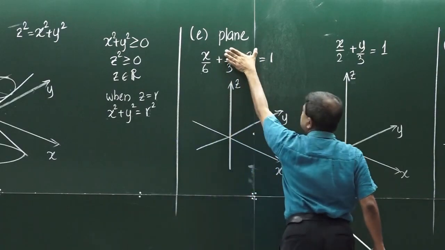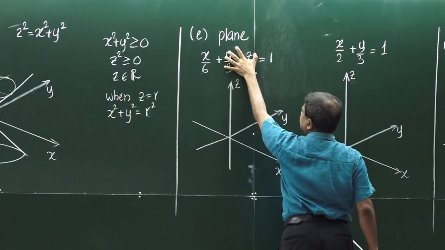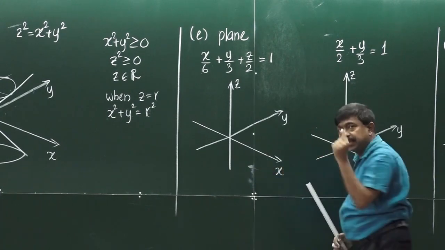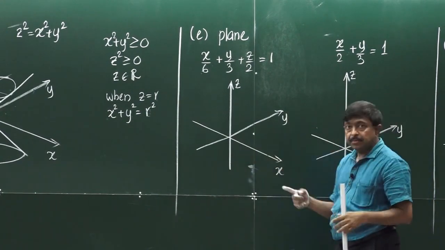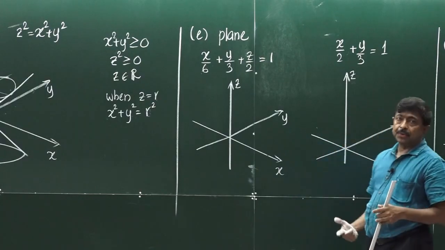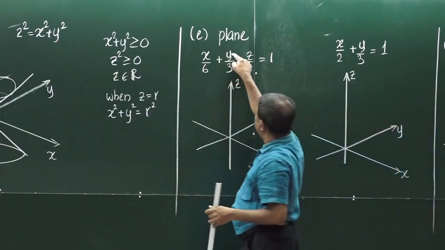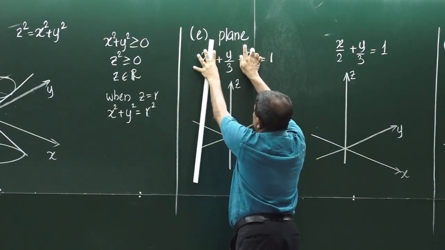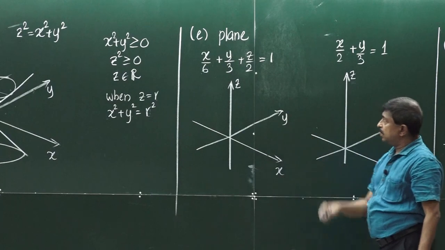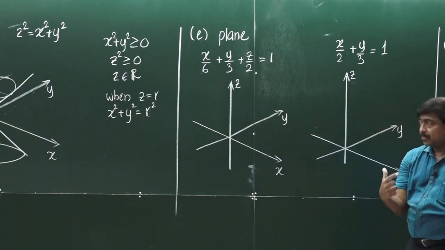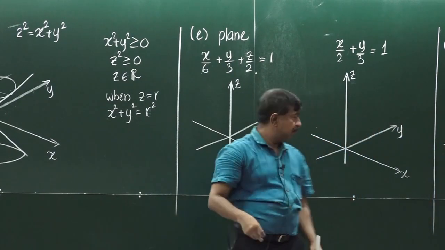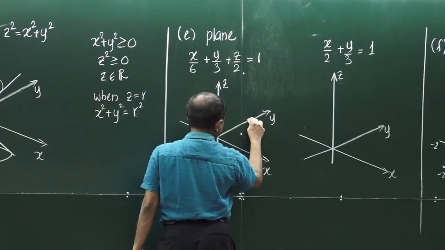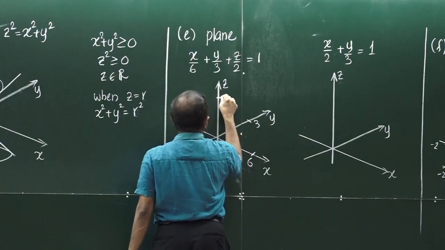When both y and z are equal to 0, x is equal to 6. So the plane intersects the x axis at 6, because on the x axis the other variables are equal to 0. Similarly, when both x and z are equal to 0, you get y is equal to 3. That means the plane intersects the y axis at y equal to 3. So, you can just mark those points, and here it is 2.